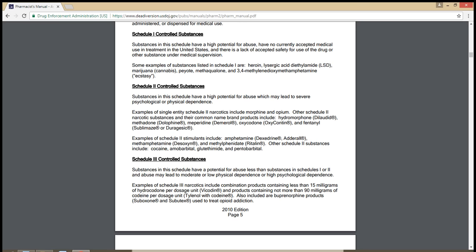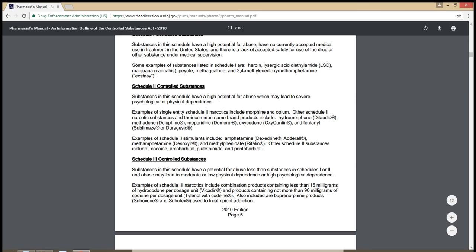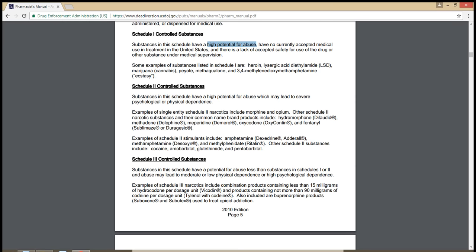So Schedule 1 is mainly drugs that have very high potential of abuse, but they are not currently accepted as medical treatment. And what does that mean? That means that whatever pharmacy you're working at, whether inpatient, outpatient, mail order, whatever, you don't expect to get a prescription for heroin or LSD or cannabis, marijuana yet.